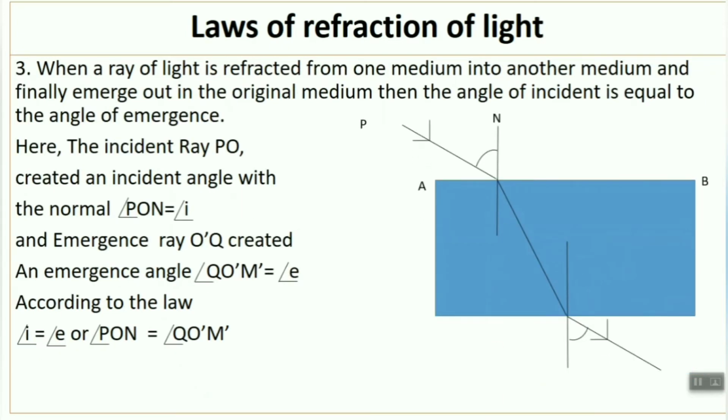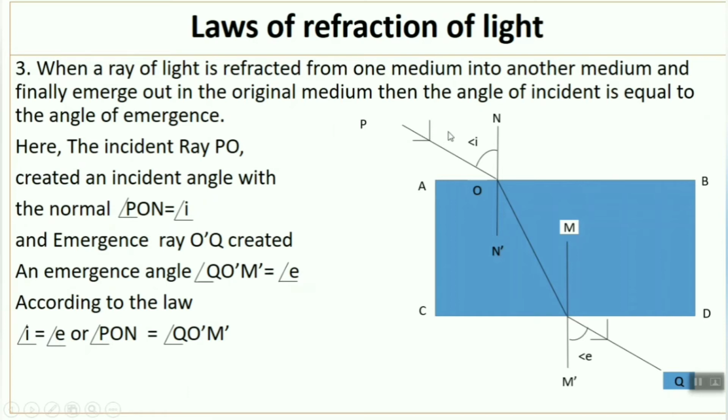Next one, third one: when a ray of light is refracted from one medium into another medium and finally emerges out in the original medium, then the angle of incidence is equal to the angle of emergence. So here, the incident ray PO creates an incident angle I with the normal, and whatever the angle formed here is called the emergence angle. Why?